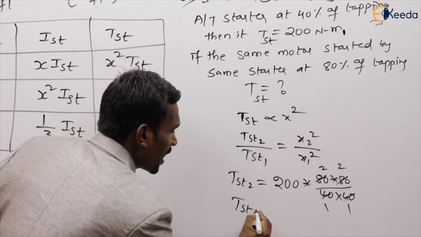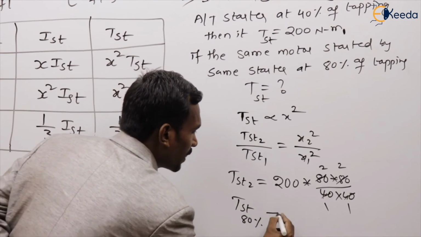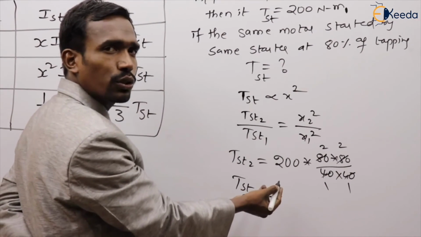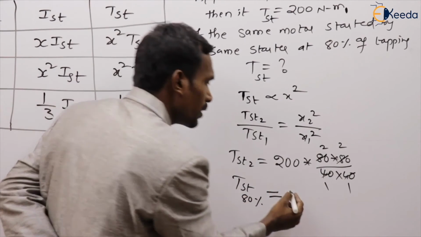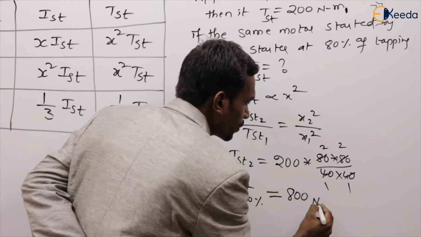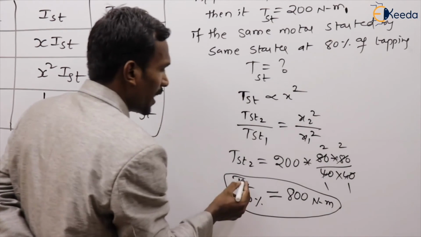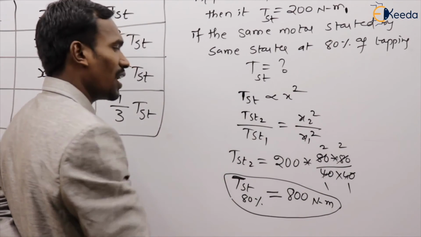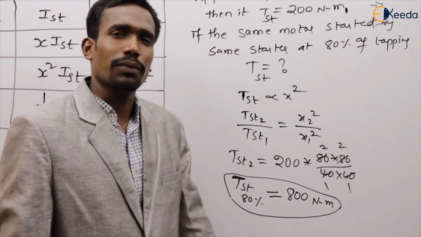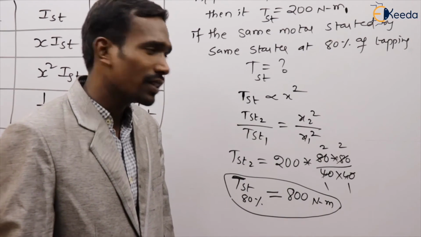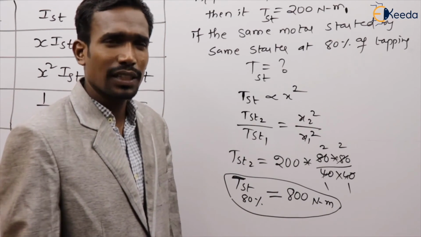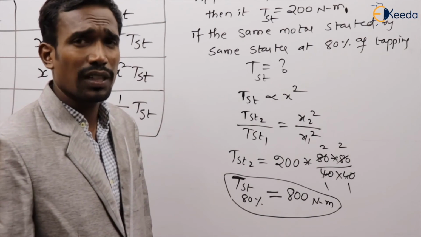Then the starting torque at 80% of tapping is 4 into 200, that is 800 Newton meters. Right? This is the question they are asking.